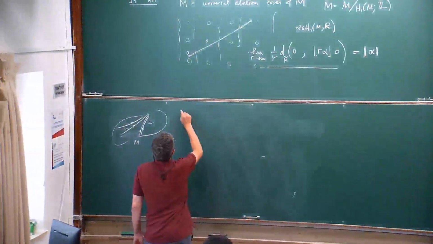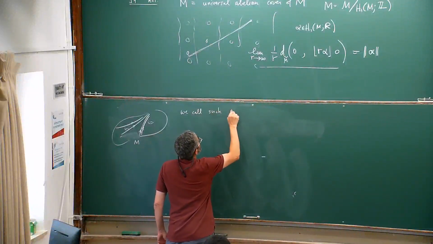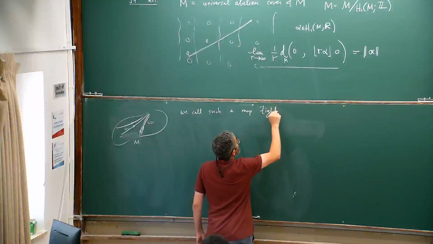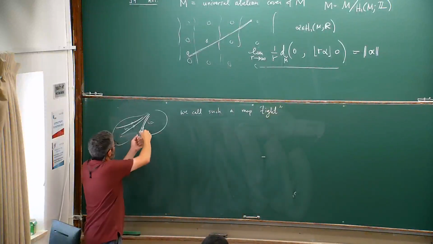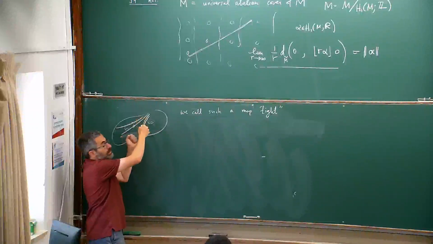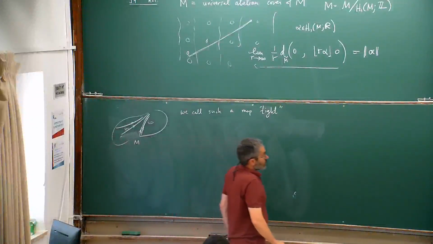In our paper, we call such a map tight, which reminds us that there's some locus where you're forced to stretch by the maximum amount, and so it's tight along there. Everywhere else it can relax a little bit.